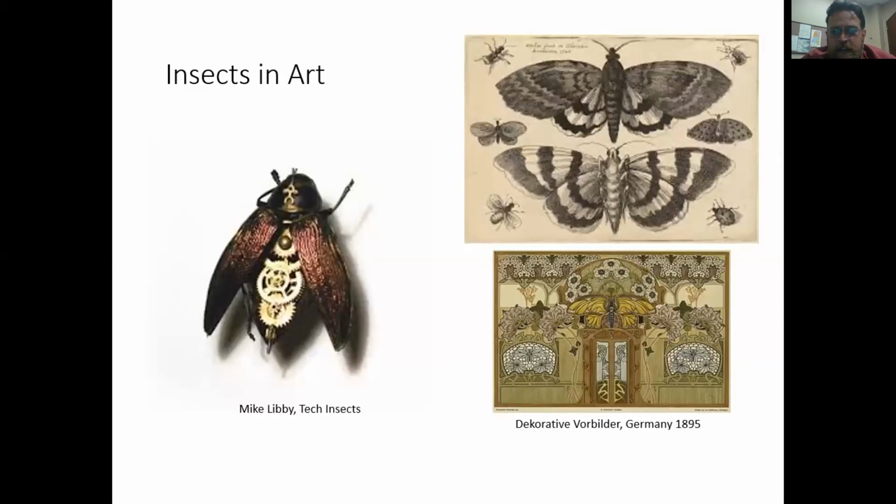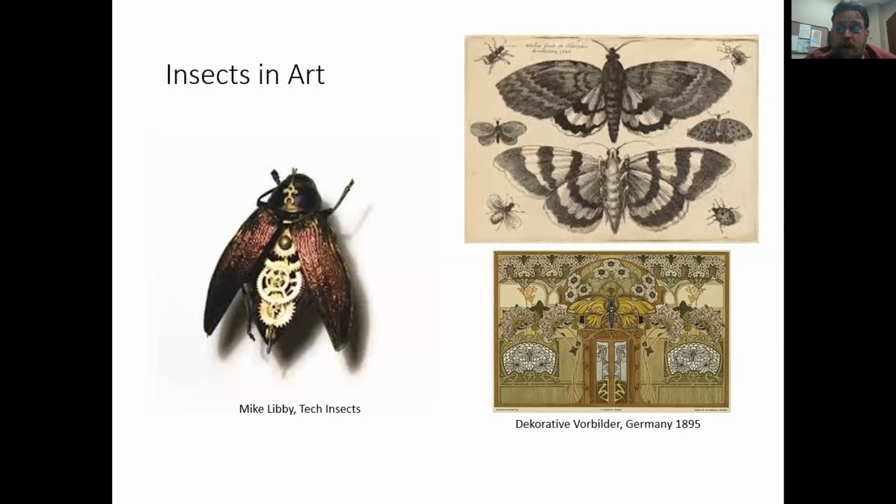And because I like art, there is some really interesting use of insects in art. Of course, you can see up at the top right there, kind of a descriptive drawing of a moth or butterfly. And of course, those were used as kind of a way to record all of the animals or organisms or animals and plants that people encountered.